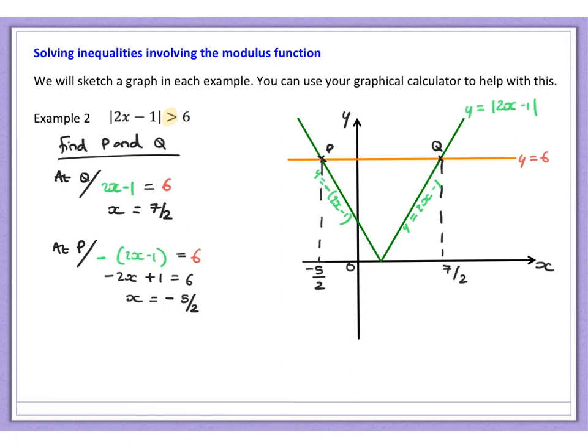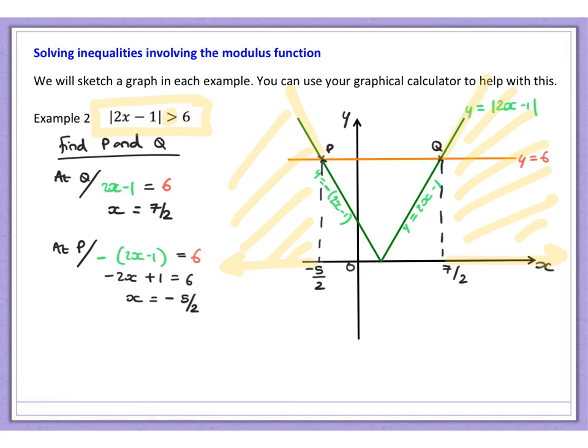Now, go back to the original inequality. We want the modulus of 2x minus 1 to be greater than 6. So we are looking for this portion and this portion of the graph which are above the line y equals 6, which means we want these x values and these x values.